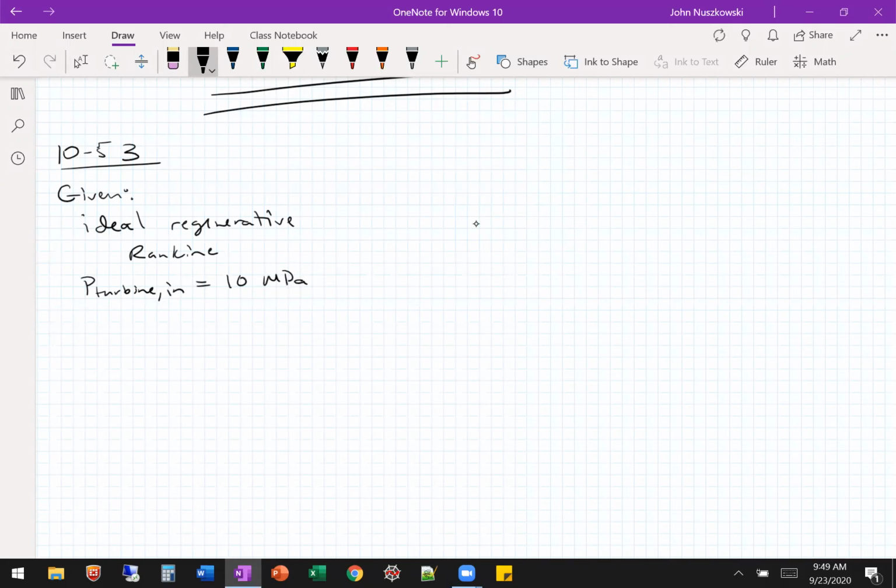The turbine's temperature in, I'm just doing the subscript general because we don't know the numbers yet. I mean, I do, but there's a lot of states, so I'll just leave it like this for now. We have 600 degrees Celsius. The condenser pressure is 10 kPa.